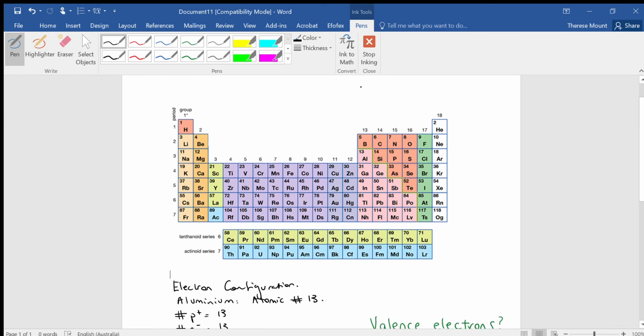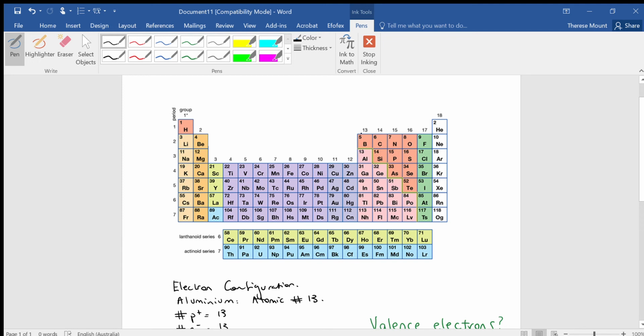So that is why it's in group 13 or group 3, because it has 3 valence electrons. So say silicon here, it's in group 4 or 14, it has 4 valence electrons. Carbon has 4 valence electrons. This element here has 4 valence electrons. Boron has 3 valence electrons. Aluminium has 3 valence electrons. This element here has 3 valence electrons.